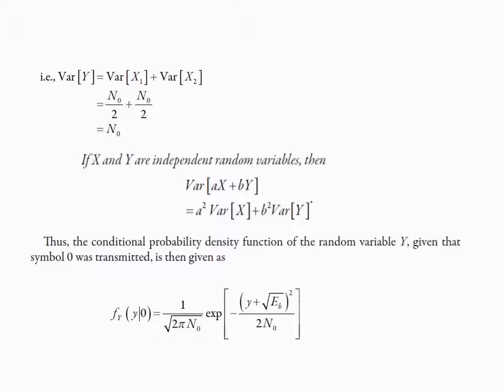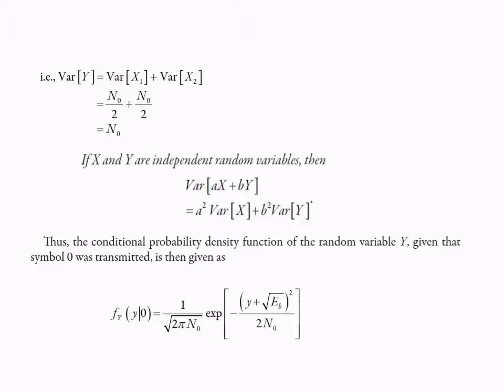If x and y are independent random variables, then the variance of ax plus by is equal to a square variance of x plus b square variance of y. So the variance of y is equal to the variance of x1 plus the variance of x2. Here the terms a and b are equal to 1. So the variance of x1, that is N0 by 2, plus the variance of x2, that is N0 by 2, will give you N0.